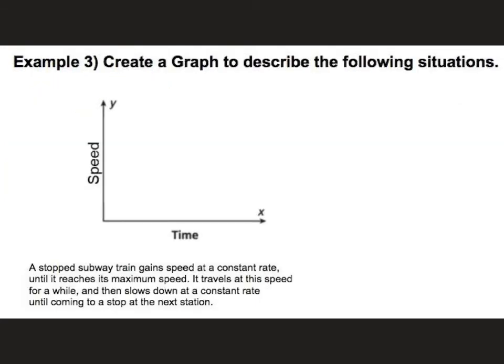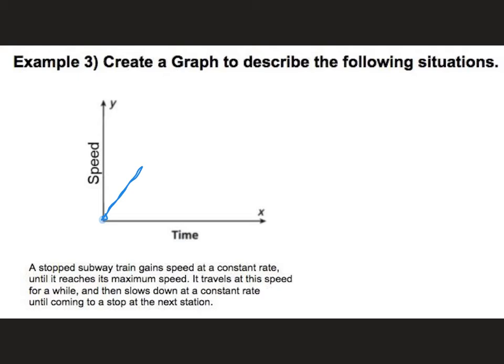All right, now we're going to create a graph to describe the situation. So you'll notice for this first one, we don't have any numbers on our graph, but we're comparing time with speed. So we have a stopped subway, which means we're starting here at 0, our speed is 0. It is gaining speed at a constant rate. So gaining tells us we're going up.